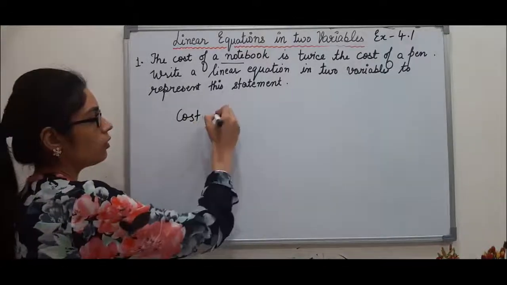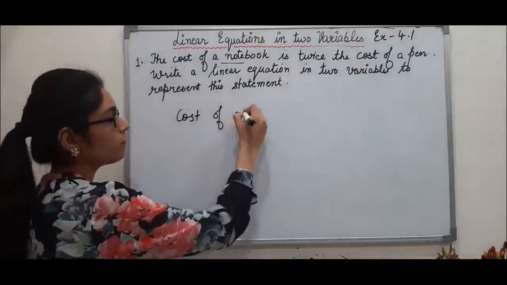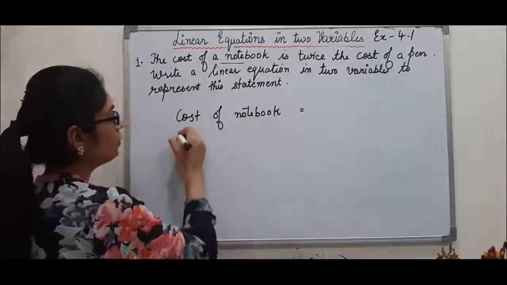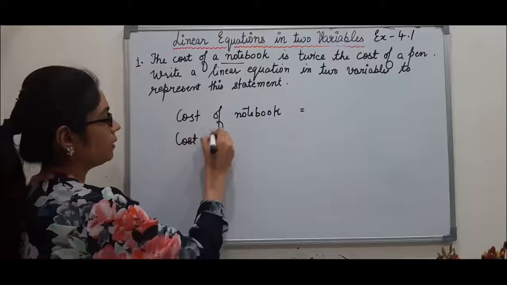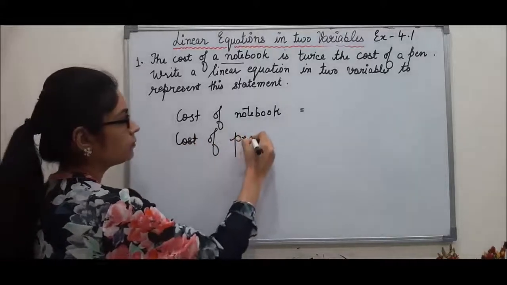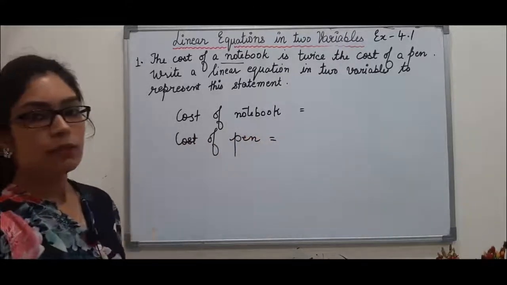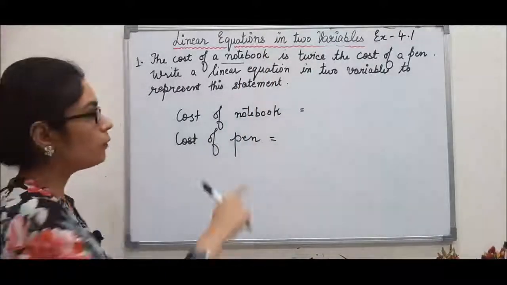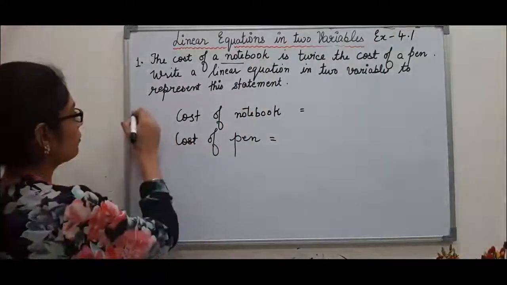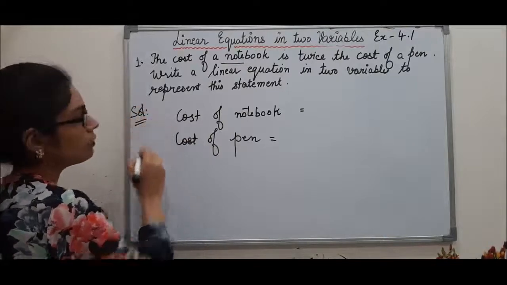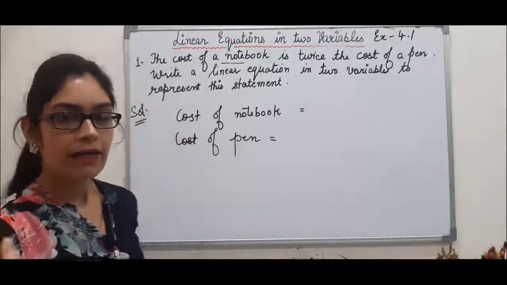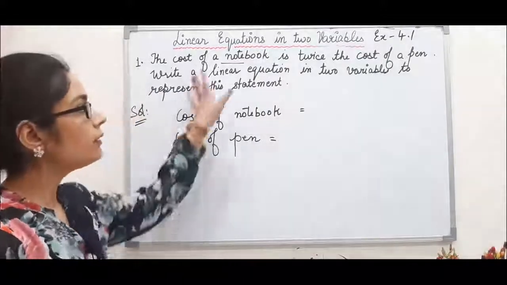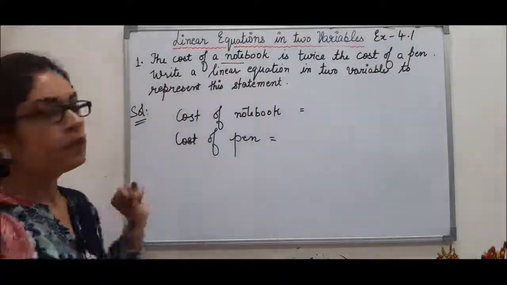So the cost of notebook is there, and then we have the cost of pen. These are the two things which are required in this statement. One we will assume as x, the other as y. Anything you can assume as x, anything you can assume as y, but you have to make the statement as per the requirement.